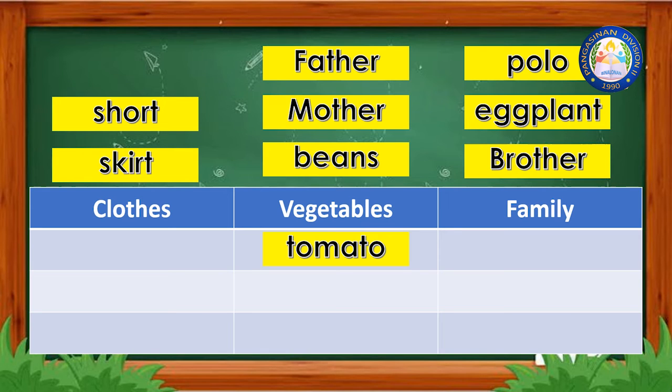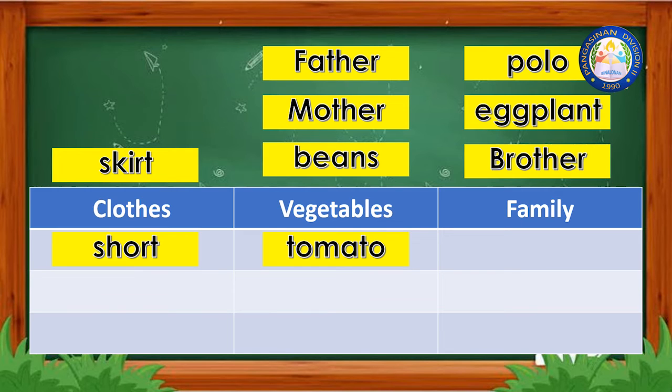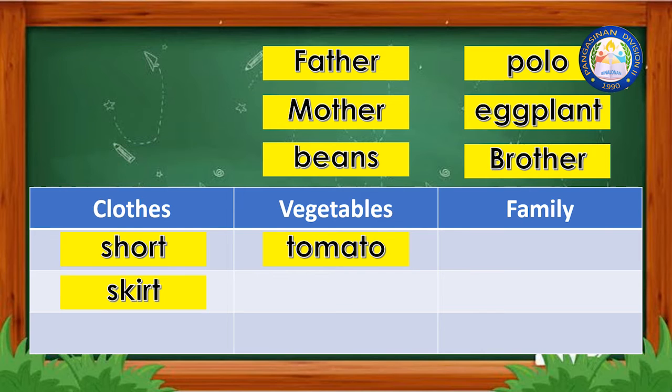It is a hyponym of vegetables. Next, short. Which column does it belong to? You're right. It is under clothes. How about skirt? Very good. It is also under the hyponyms of clothes.